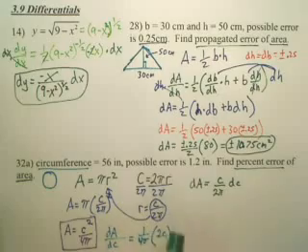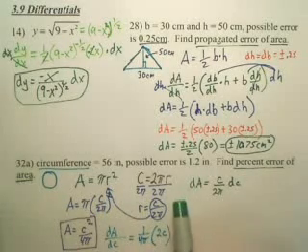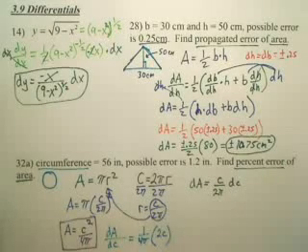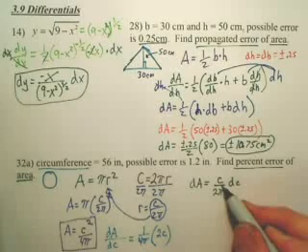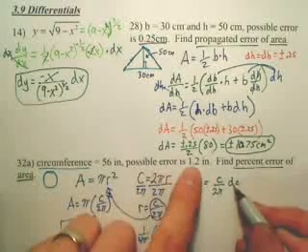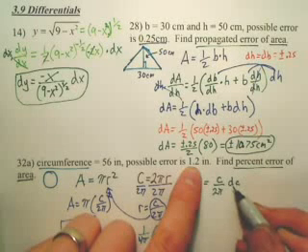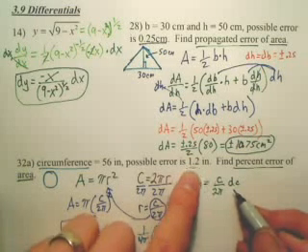What are we trying to find? The percent error. So don't we need the propagated error first? The amount of error off. I want this. Do I know C? Yeah. But what's this 1.2? Is that dC? Isn't that the possible error, the change of my circumference? Is that correct?